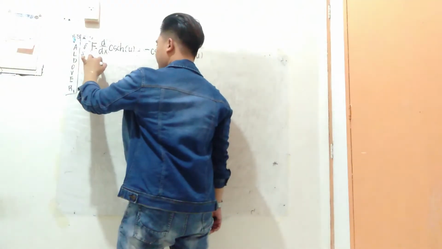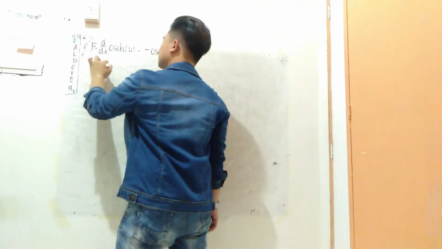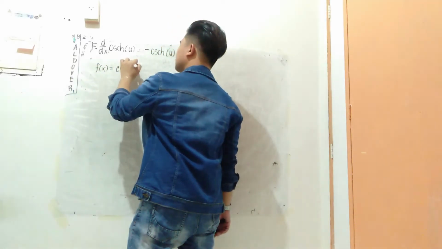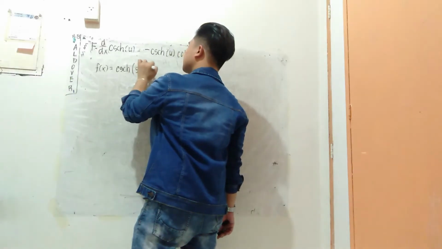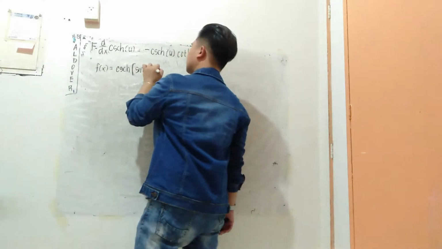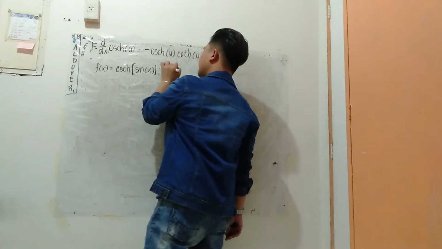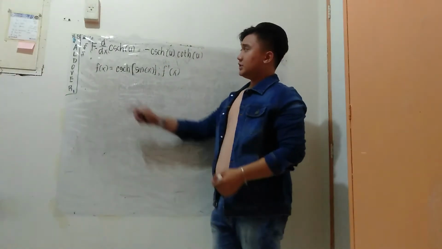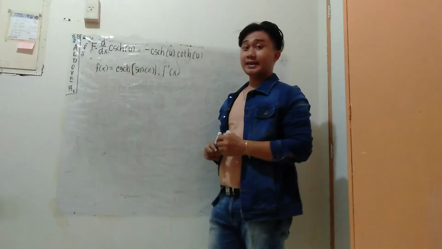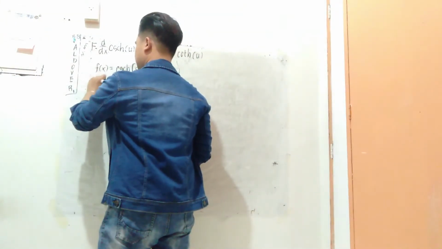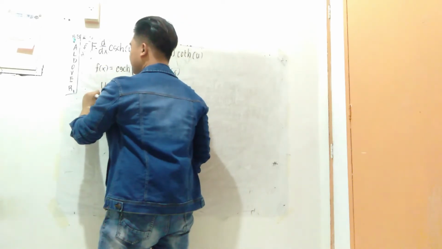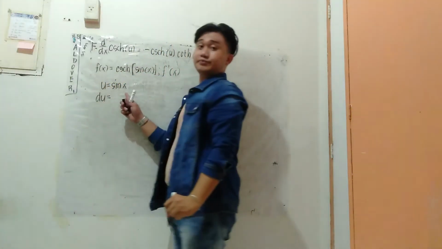So, if f of x is equals to hyperbolic cosecant of sine of x, what is f prime of x? Okay? So, as you can see, yung u natin dito ay yung sine x. So, what's the derivative of sine x?